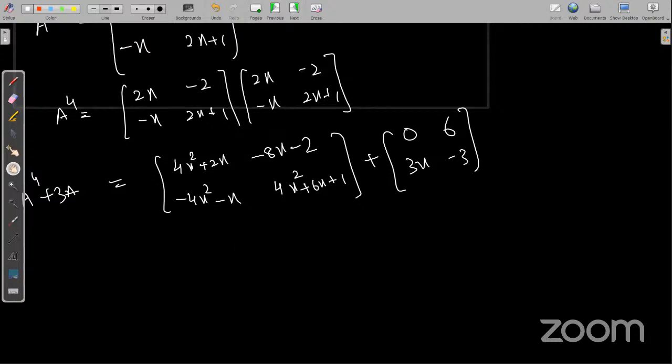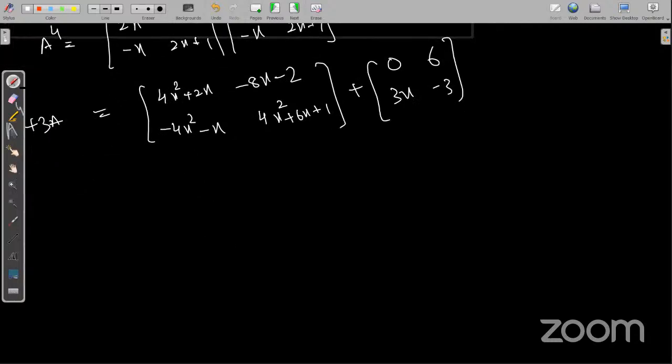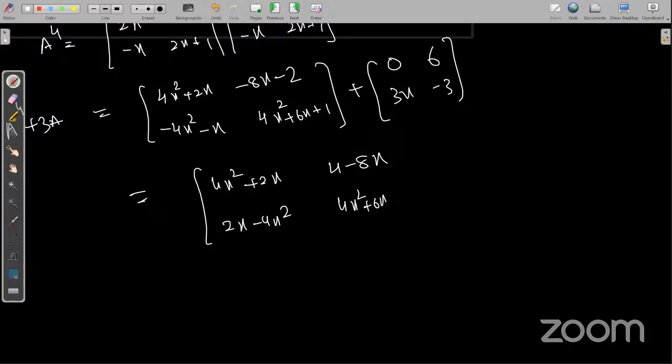Tell me. It is equal to 4x squared plus 2x, and the next one is 4 minus 8x, right? And the next one is 3x, right? So 3x minus x is 2x, minus 4x squared, and the next one is 4x squared plus 6x minus 2.